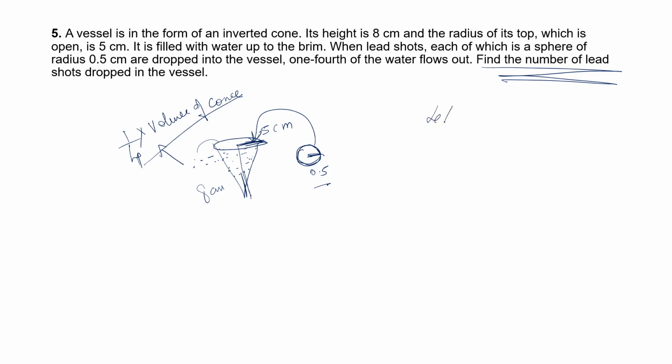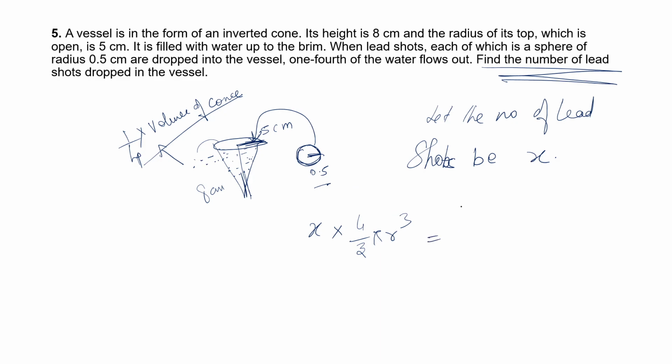We don't know it, we have to find it out. So let the number of lead shots be x. So x into, what is the volume of the sphere? 4 by 3 pi r cube. If we drop this many lead shots into this, then what will happen? 1 by 4 of the volume of the water will come out.